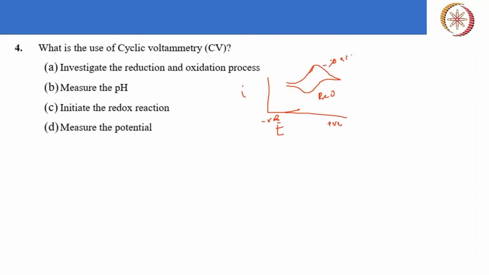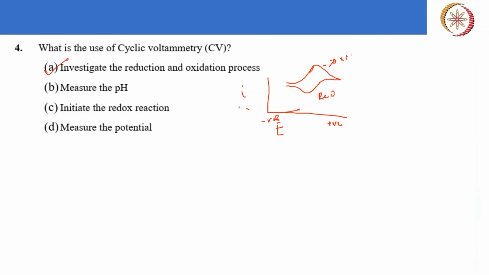We are not measuring any pH, and if your system does not contain any redox center, then we will not be able to initiate the redox reaction in cyclic voltammetry. And we are applying the potential, not measuring it, and we are measuring the current, the response of the system. So the answer is A.